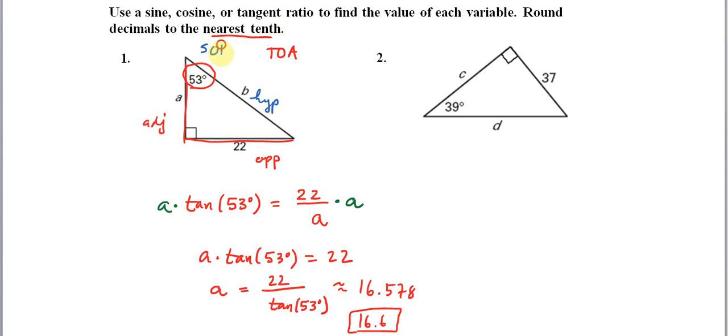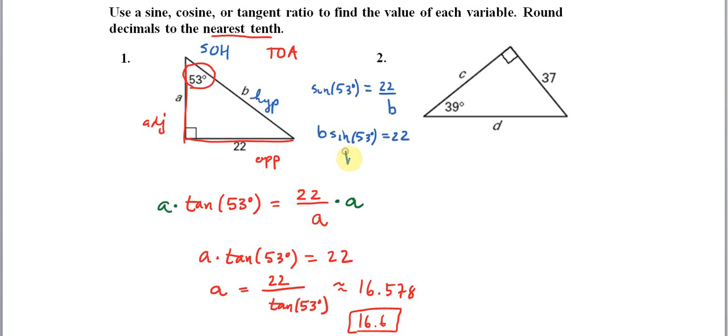Remember, SOHCAHTOA: sine is opposite over hypotenuse. So I can write this as the sine of 53 degrees is equal to the opposite, which is 22, divided by the hypotenuse, which is b. Multiply both sides by b, and I get b times sine of 53 is equal to 22.